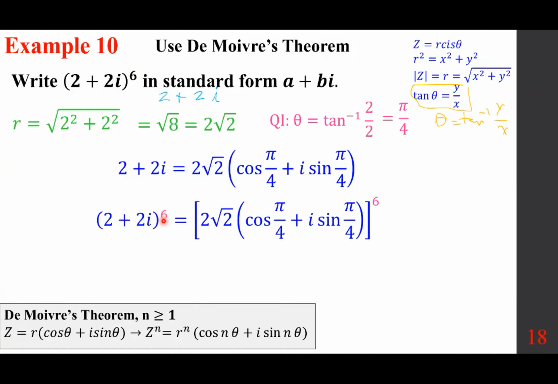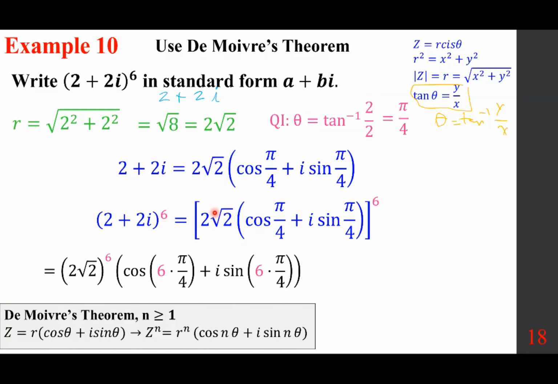So the argument times 6 gives 3 pi over 2.